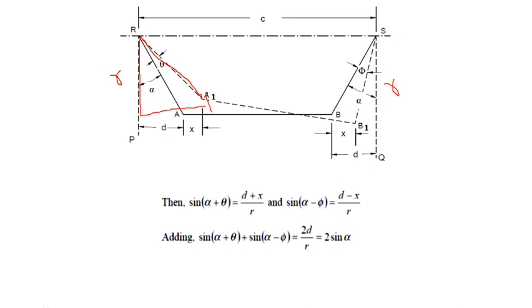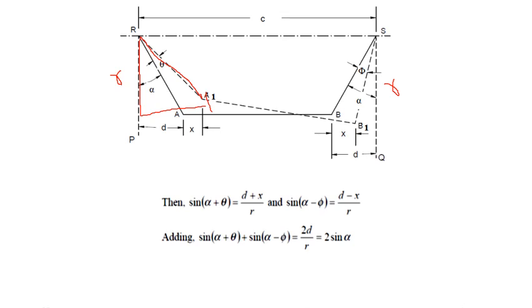Sine alpha plus theta: the opposite side is d plus x, and the hypotenuse is r. Therefore sine of alpha plus theta equals d plus x by r.